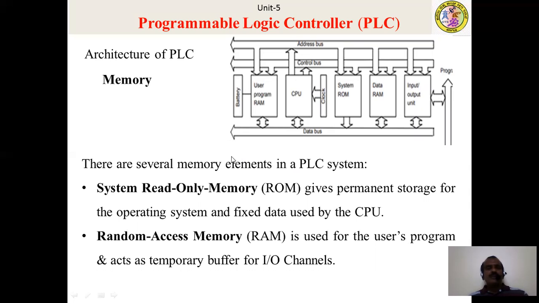So PLC has several memory elements. First one is system read-only memory, that is ROM, which gives permanent storage for the operating system and the fixed data used by the CPU. The second one is RAM, or the random access memory, which is used for user programs and acts as a temporary buffer for input-output channels.